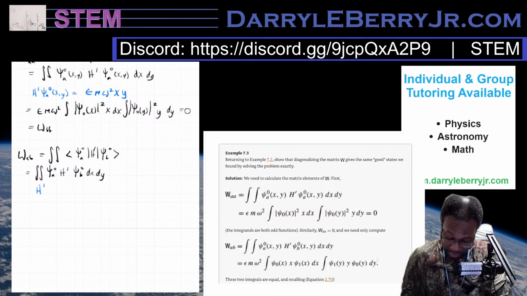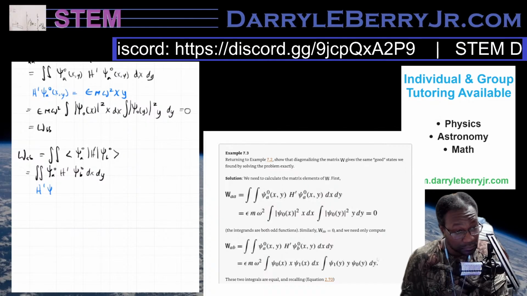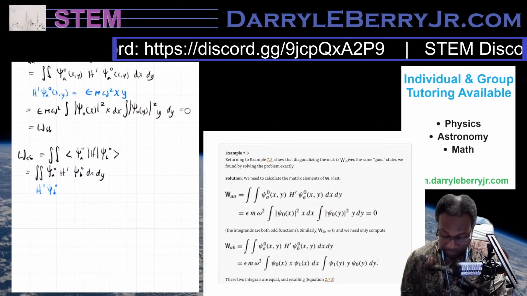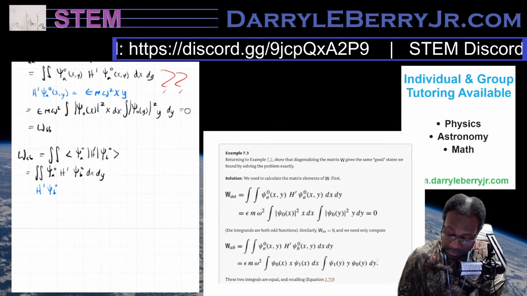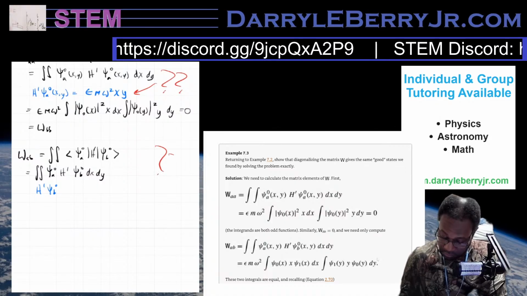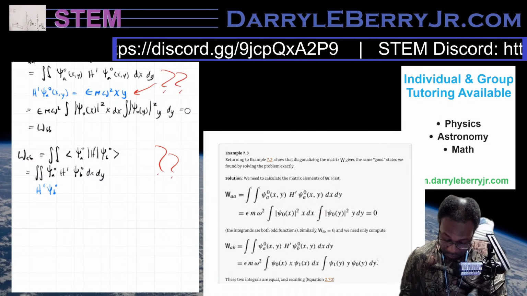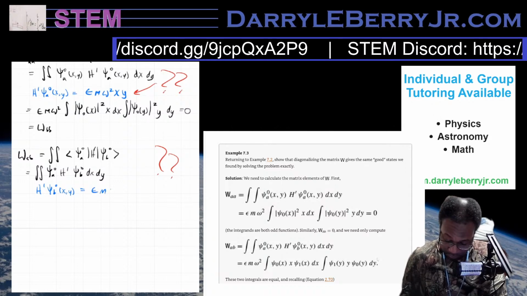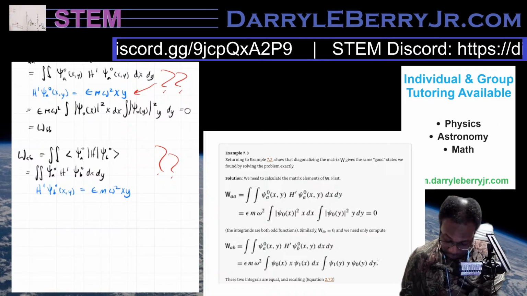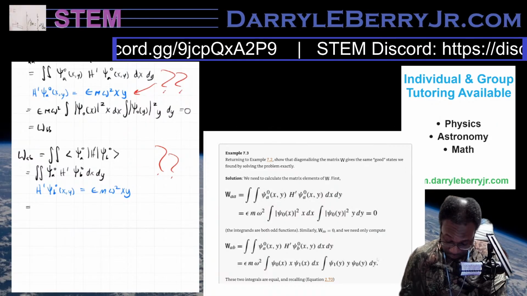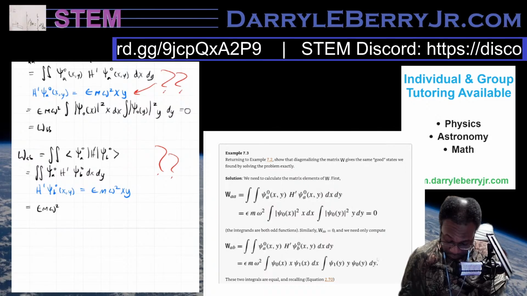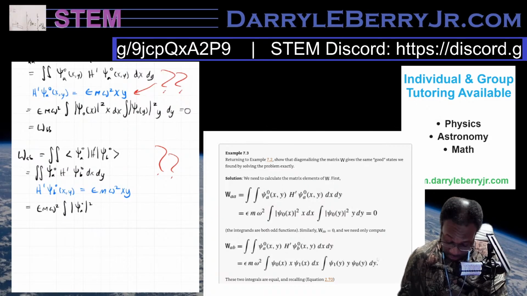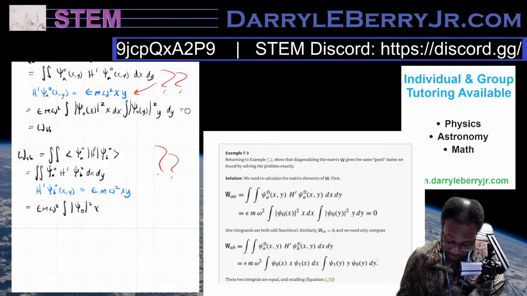So H prime acting on b naught, I have to ask why this is the case. We're gonna remove the a, and it's just something squared.